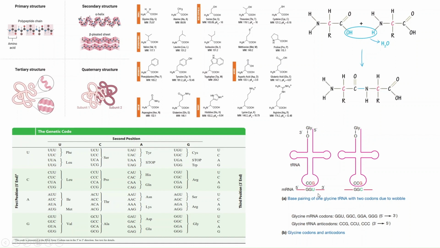Now you can have a doubt: how can a G pair with U? This concept is called wobble base pairing, where if the first two are perfectly matched, the third one need not match necessarily. So any of you have a guess why wobble base pairing is beneficial, or why it is occurring?